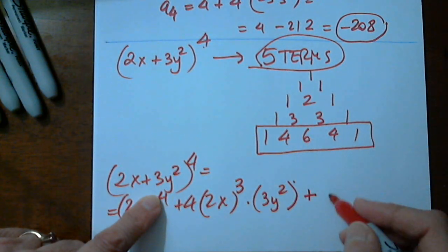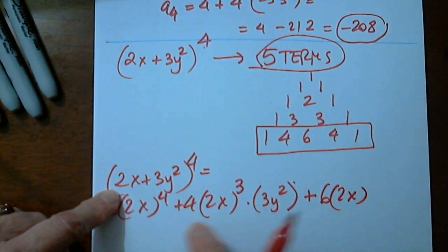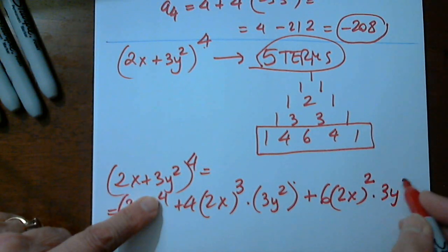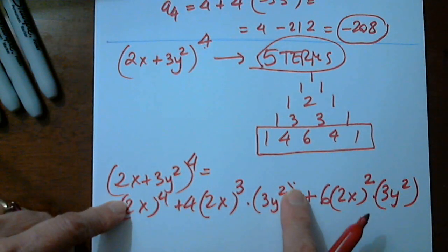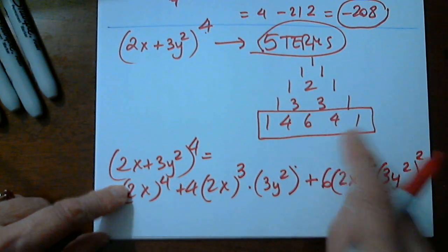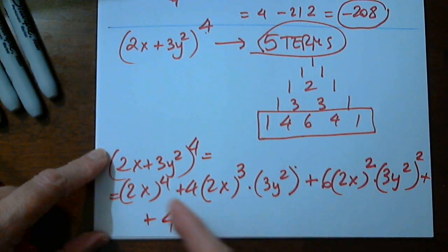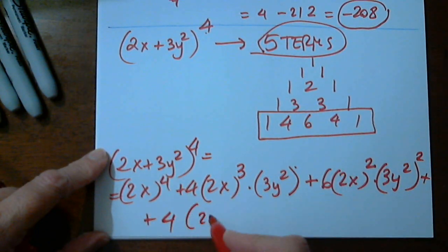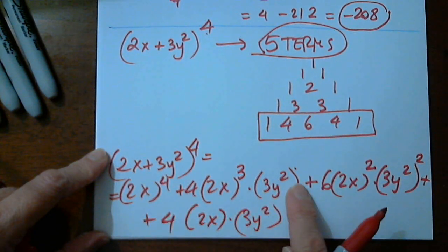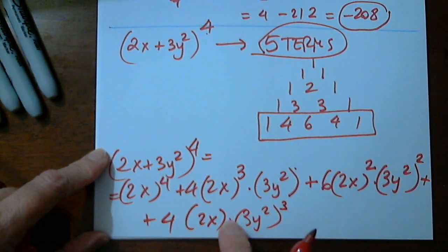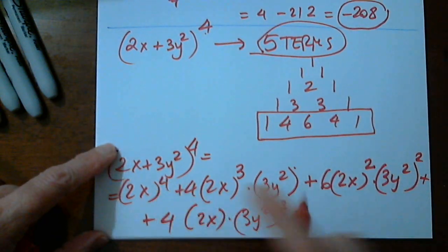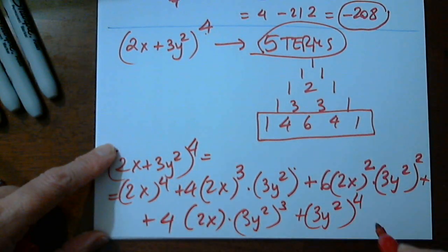Plus 6 times 2x, it went from 4 to 3, it has to go to 2 now, times 3y squared, it went from nothing to 1, it has to go to 2. 2 plus 2 is 4. Plus 4, with 2x powers 4, 3, 2, the last time 2x appears, times 3y squared, nothing, power 1, power 2, this must be power 3. 1 plus 3 is 4. Last one, plus 3y squared to the 4th power.